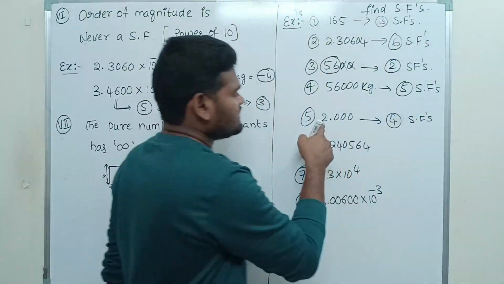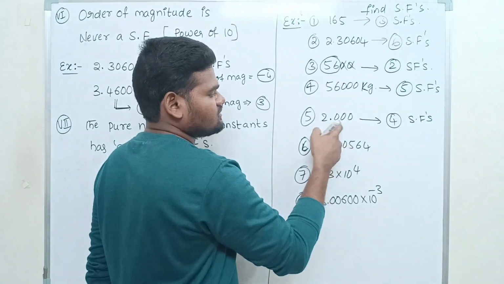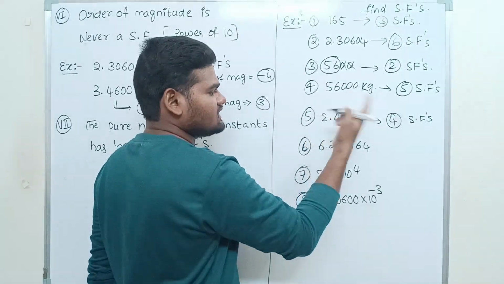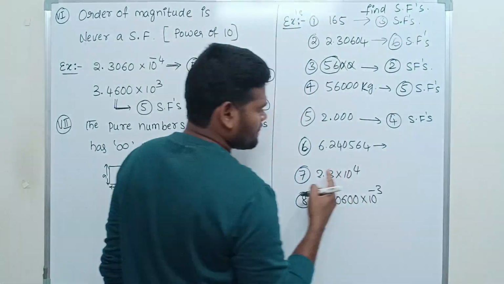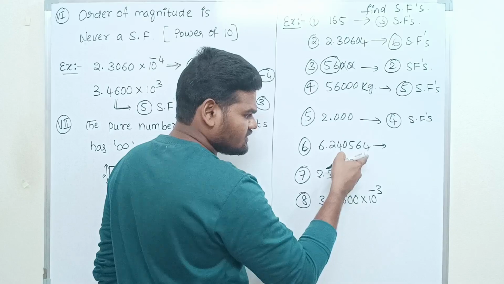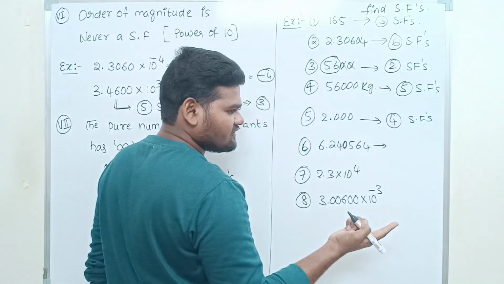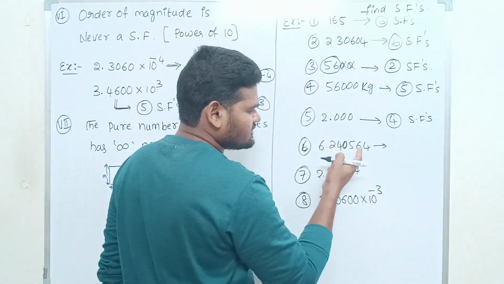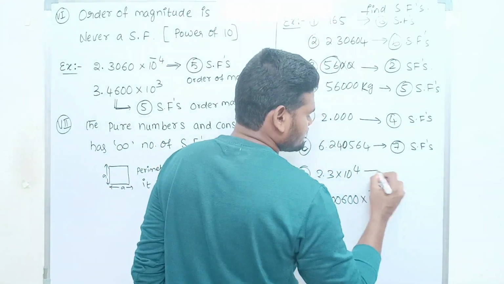So one non-zero digit, 3 ending zeros, because they appear after decimal, they are also significant figures. If you come to this, 1, 2, 3, 4, 5, 6. 6 non-zero digits and one trapped zero. So how many significant figures are there? 1, 2, 3, 4, 5, 6, 7. 7 significant figures are there.